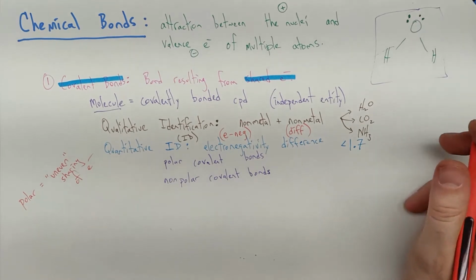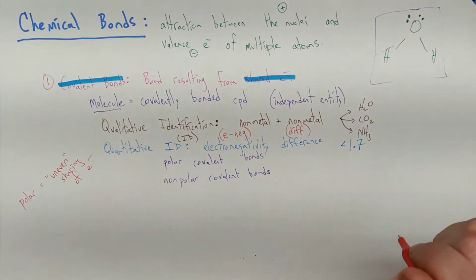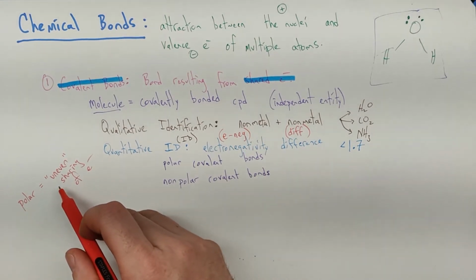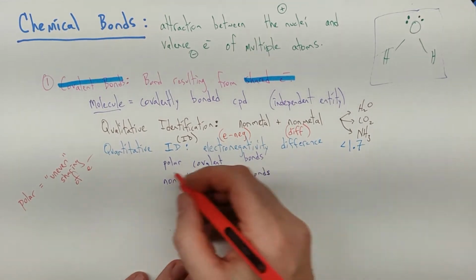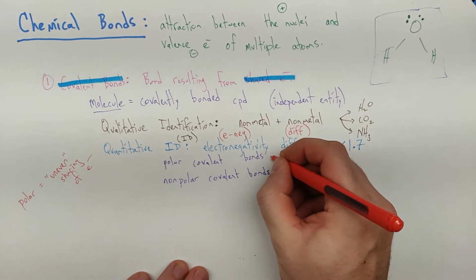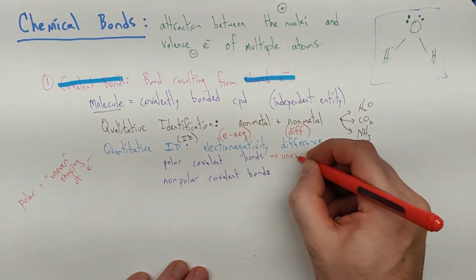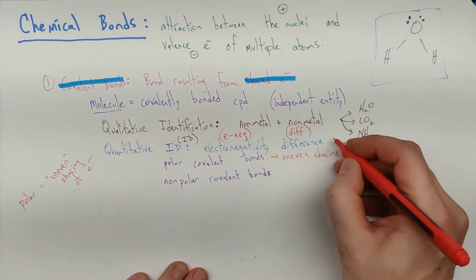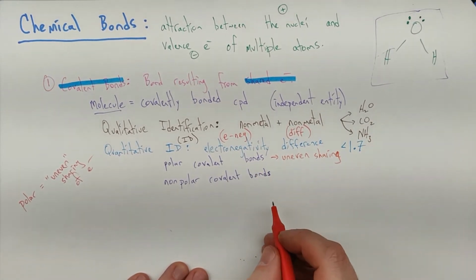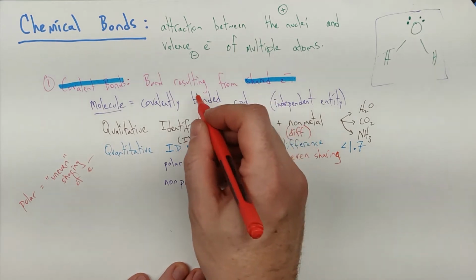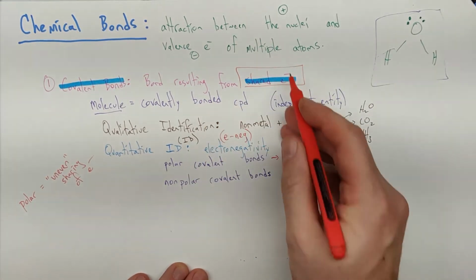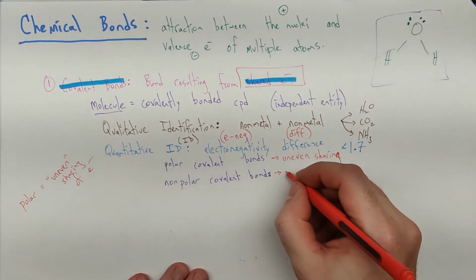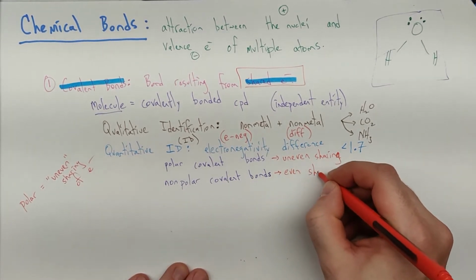It's a tug of war, is what I always say. So we'll look at these here in a moment, but polar covalent bonds, as we're looking at this idea of a tug of war, have an uneven sharing, as we're talking about the sharing of electrons, all right? Uneven sharing versus a nonpolar covalent, so it's not uneven, it's even sharing.